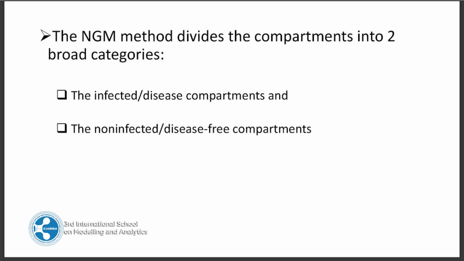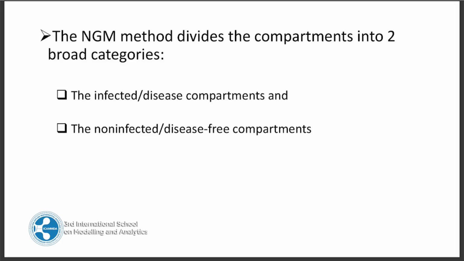In order to use the next generation method, we need to divide the compartments into two broad categories: the infected compartments and the non-infected compartments. Look at the words, infected compartment.